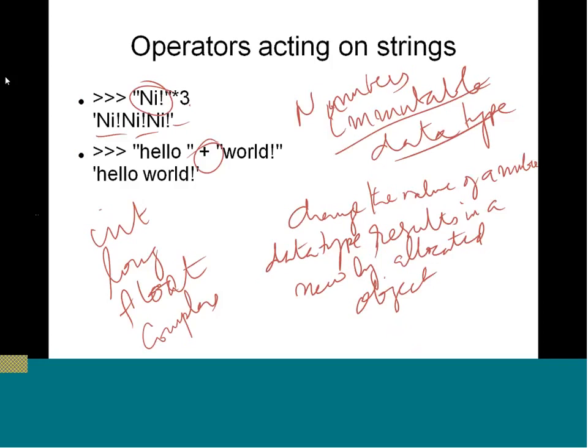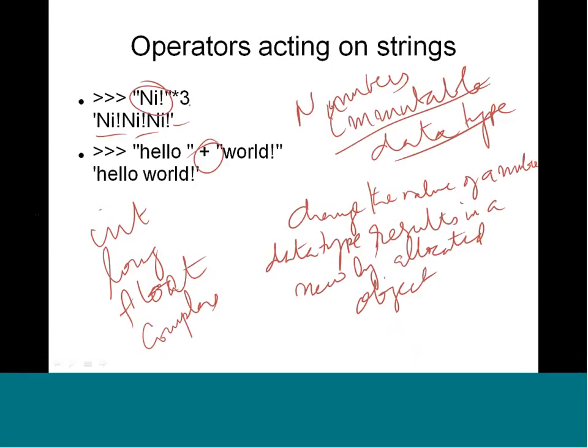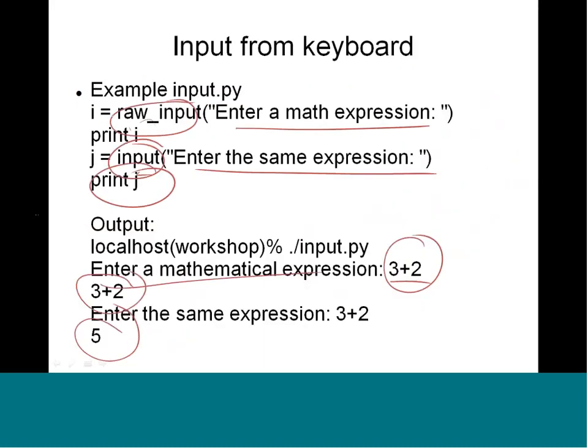And then we looked at how to do operations on strings, like me times 3 becomes me me me, or hello plus world becomes hello world. And if you want to input from a keyboard, raw_input and input are the two functions available.